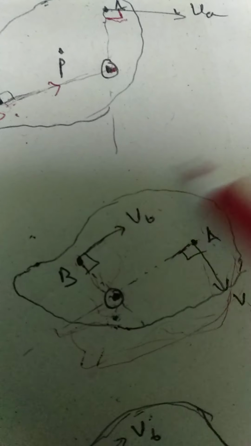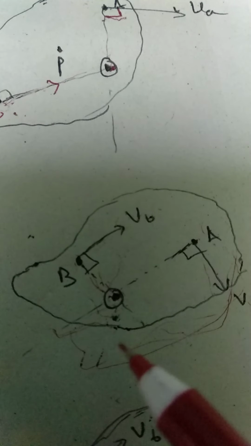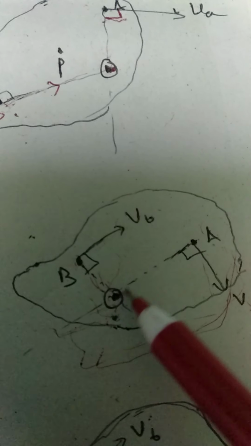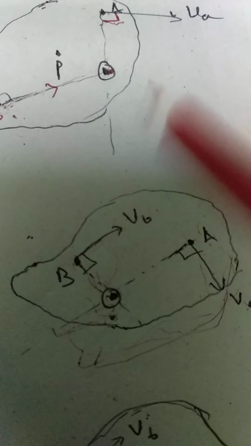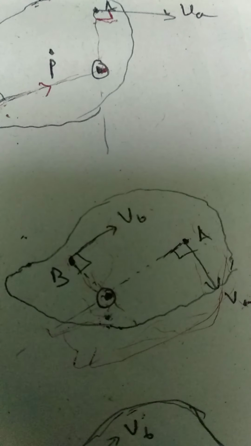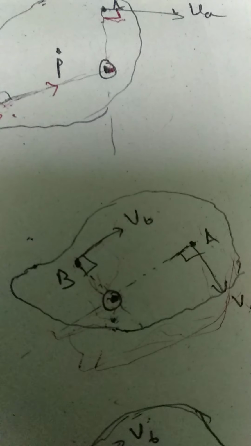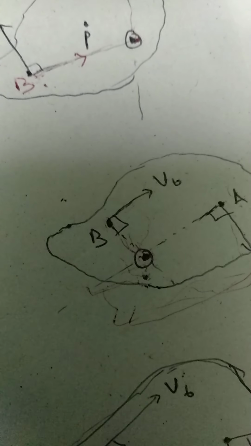So this body is moving in space, and it is rotating with respect to these points, the instantaneous center. Now it is not necessary that the instantaneous center will always lie within the body.